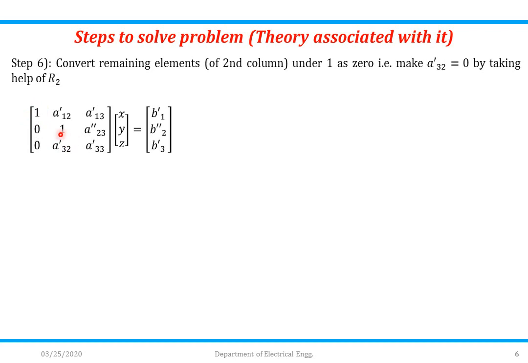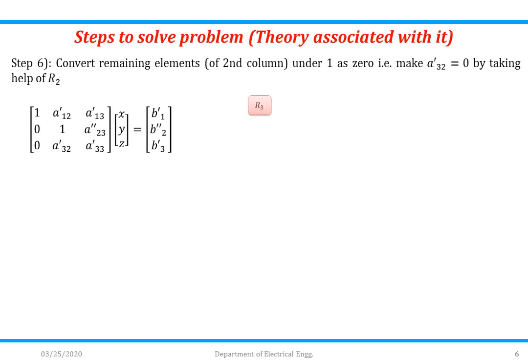Now if I want to make this element 0 in column 2, then I want to take help of which element? This is called A22, or we can say row 2. So make A-32 equal to 0 by taking help of R2.